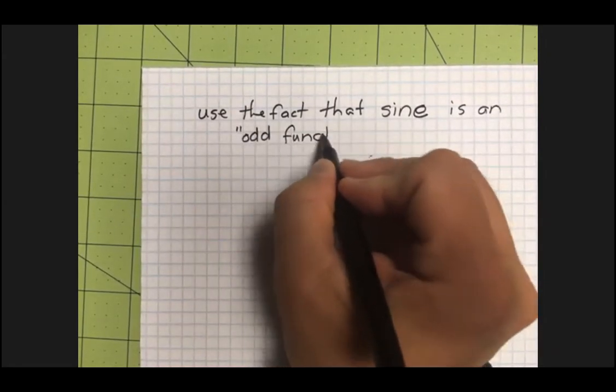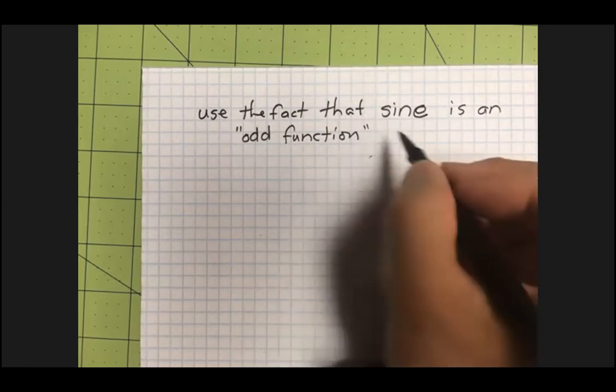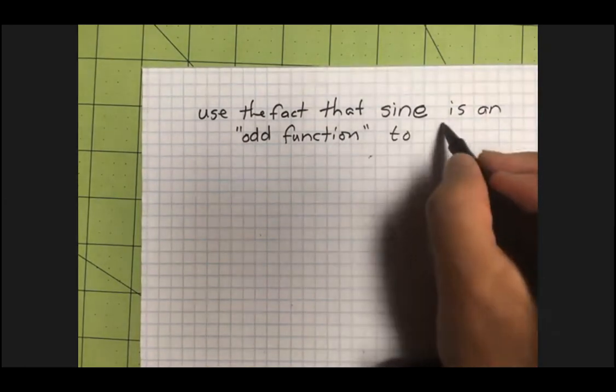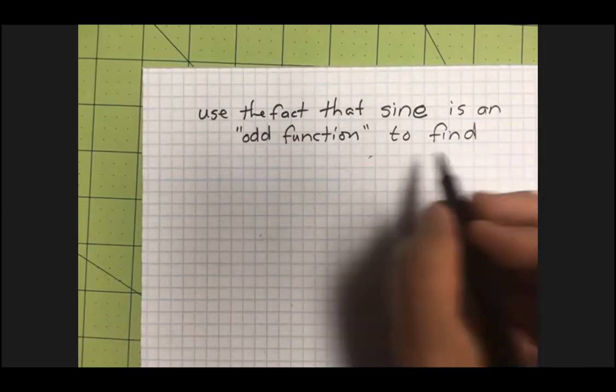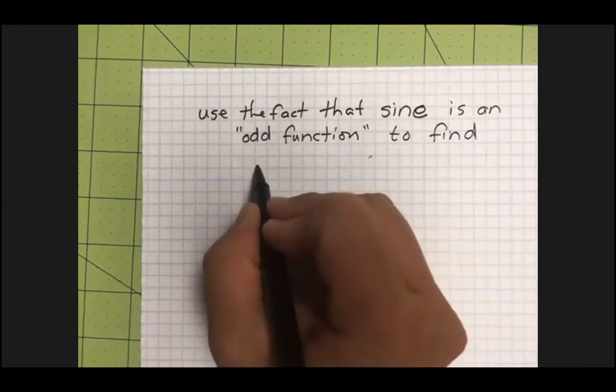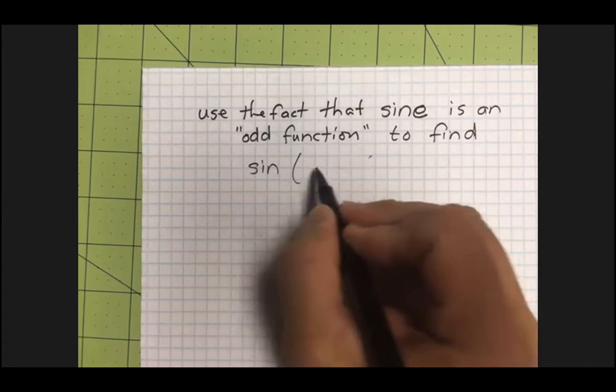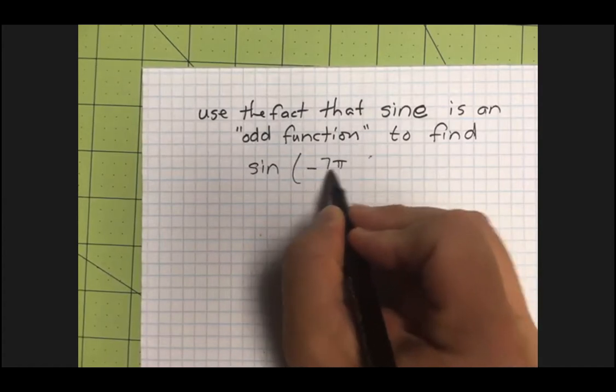They don't mean strange function. To find sine of minus 7 pi over 4.